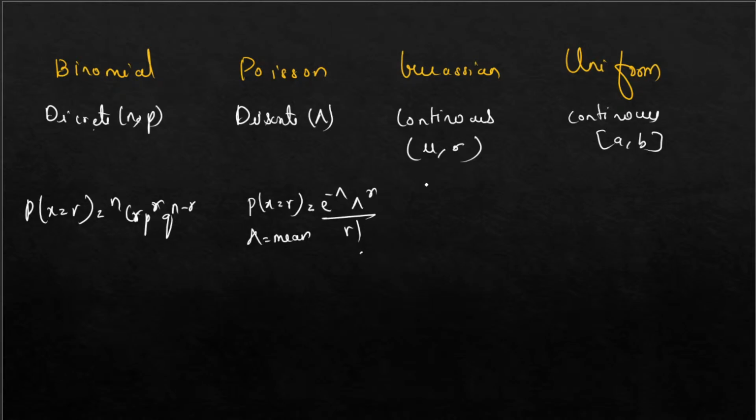After that, Gaussian is 1 upon sigma under root 2 pi e to the minus (x minus mu) square upon 2 sigma square, and this continuous is 1 upon (b minus a) f of x.